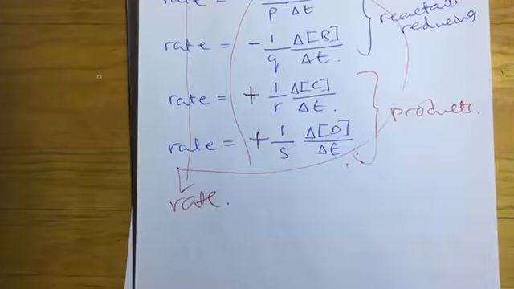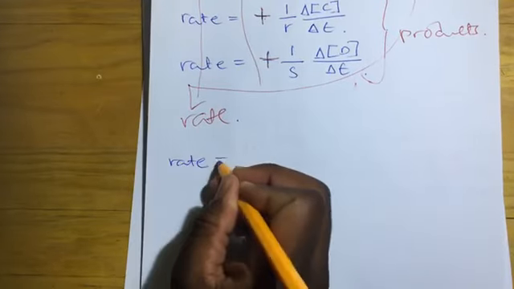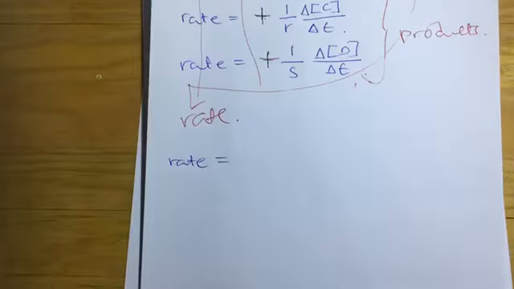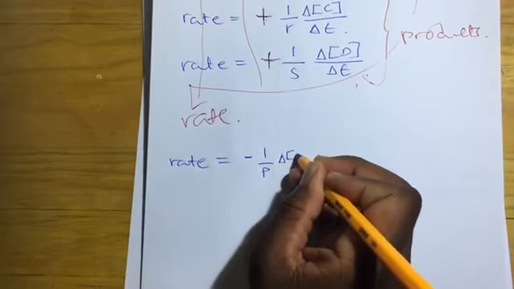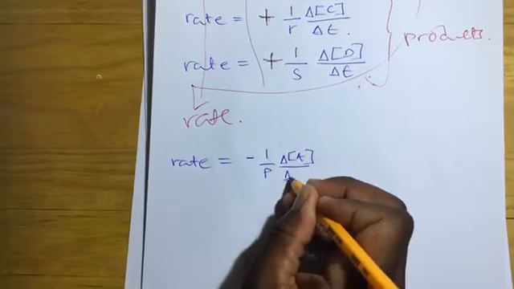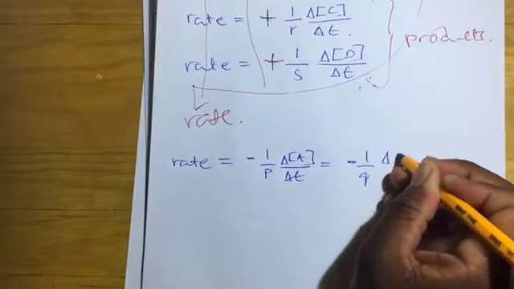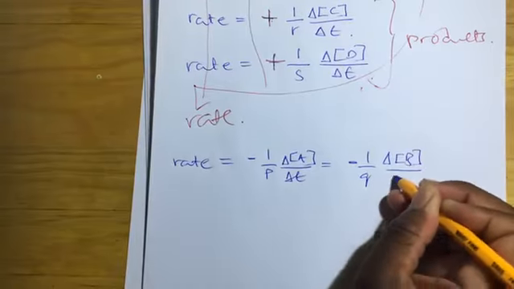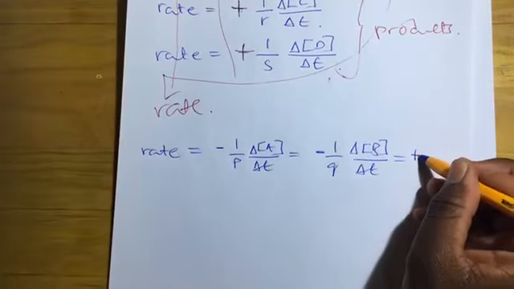So we can use the transitive rule, and I can basically say rate is equal to negative 1 over P delta A divided by delta T is equal to negative 1 over Q delta B divided by delta T is equal to positive, you get?